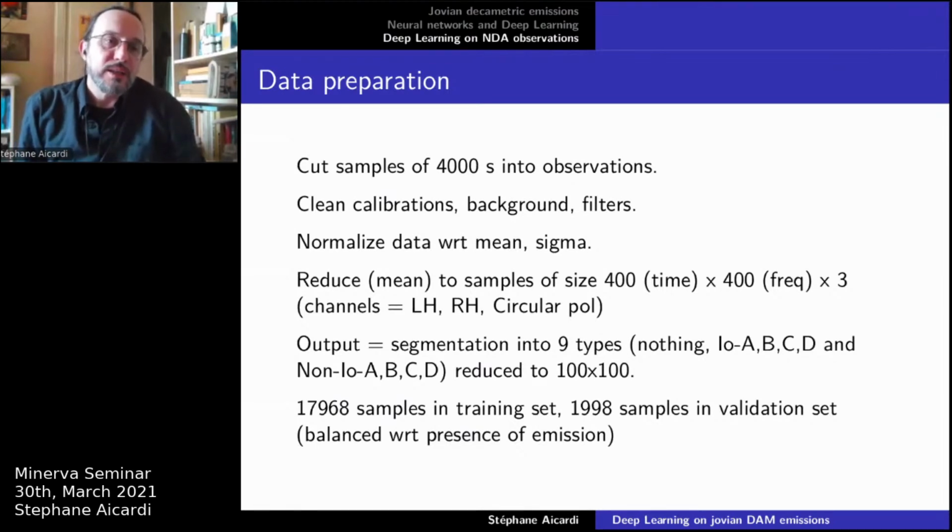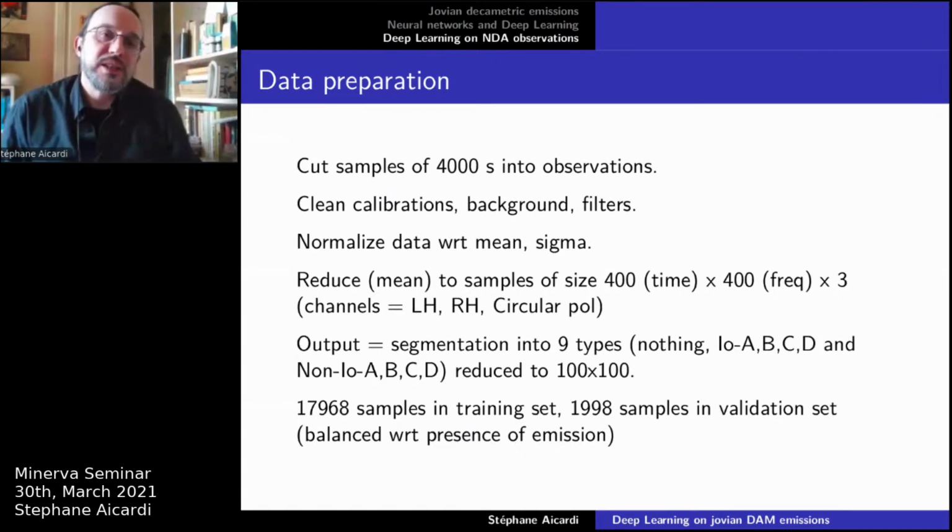Then I clean the calibrations, the background, and the filters that I used. I normalize the data in mean and sigma. That's because the scientific data is usually about 1 sigma above the mean, whereas the RFIs can be 6 or more sigmas above the mean.